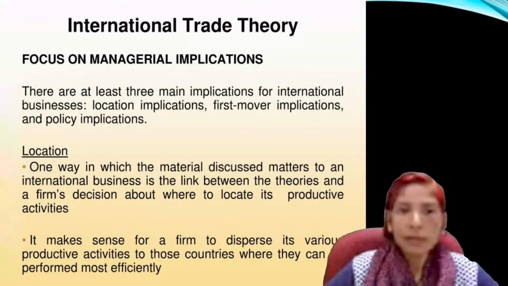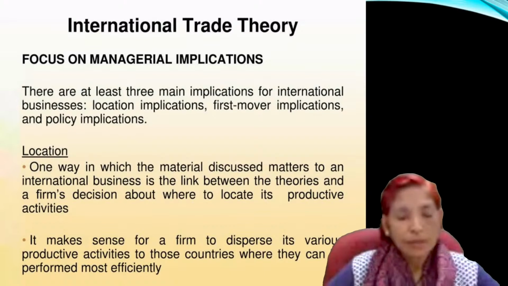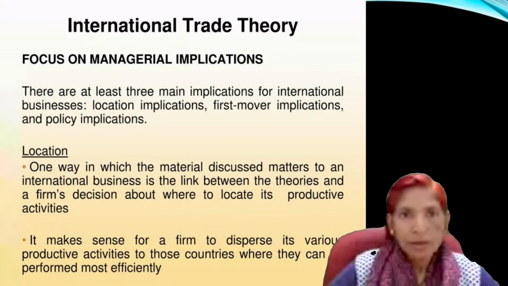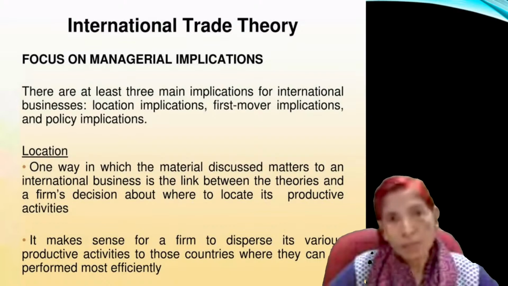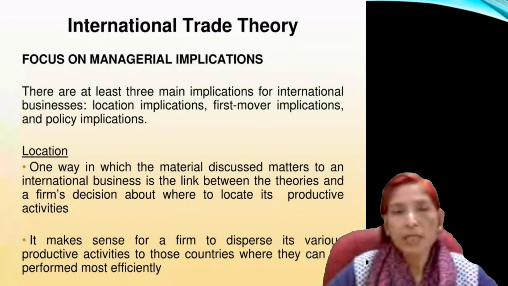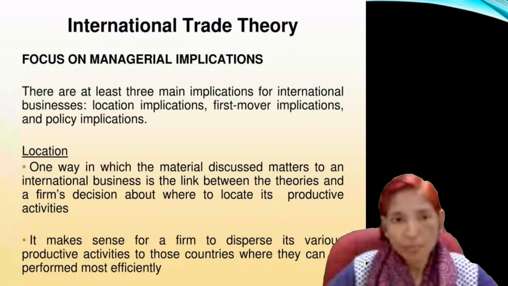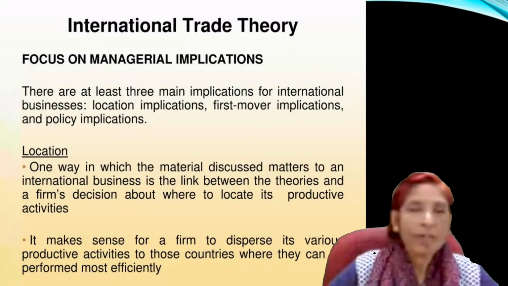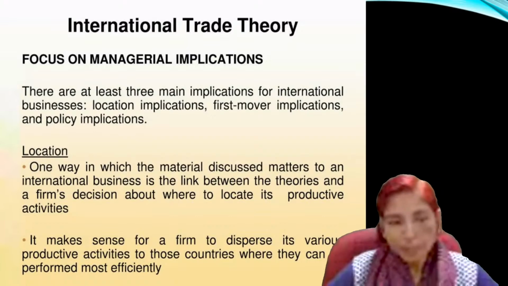Some countries are rich in natural resources, so they can export these natural resources to those countries that don't have them. So location and geographical condition is an important factor which affects international trade.